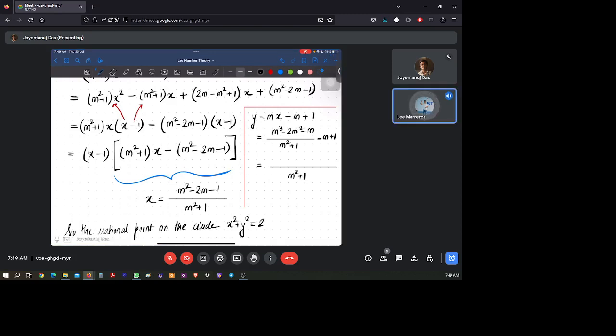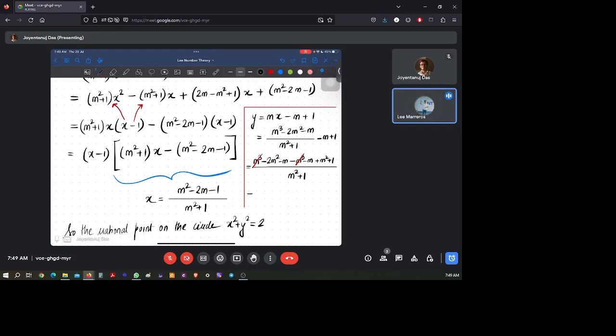If I simplify, you will multiply that. That would be minus m cube, so it's gone, minus m cube minus m minus m squared.